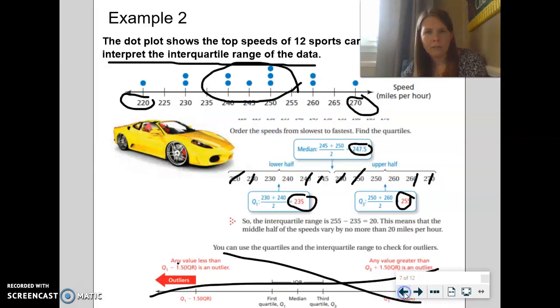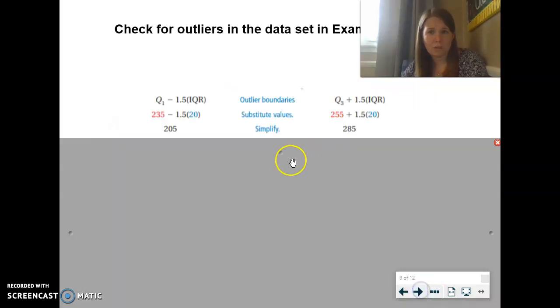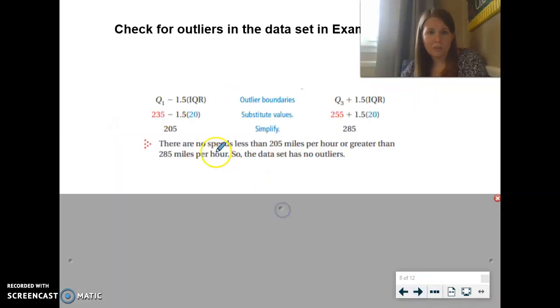Did we have any of those data in there? No, we don't. We don't have 205 or 285. So there is no speed limit less than 205 per hour or greater than 285. So in this case, just like I was saying, there shouldn't be any outliers.